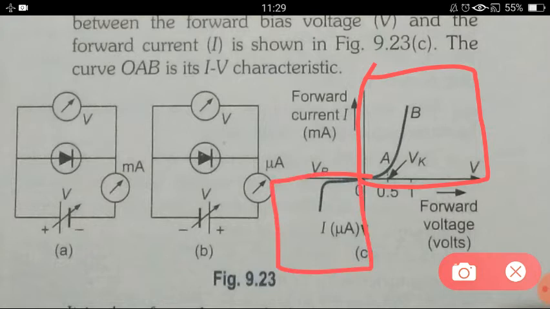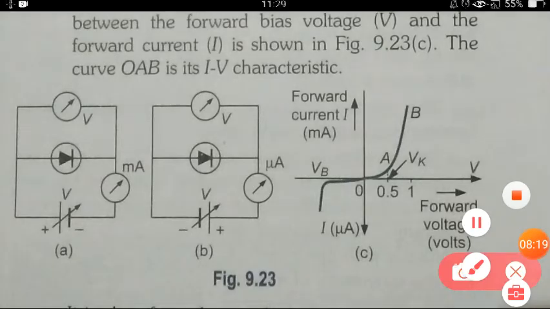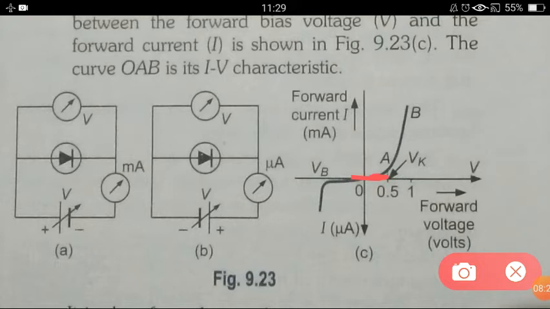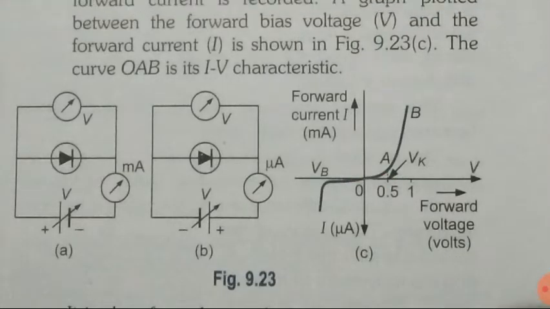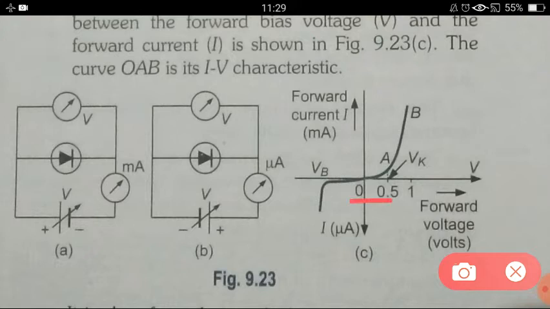Initially no current is flowing because the depletion layer is there, but as we increase the voltage sufficiently, for a particular value of voltage the current will increase abruptly.